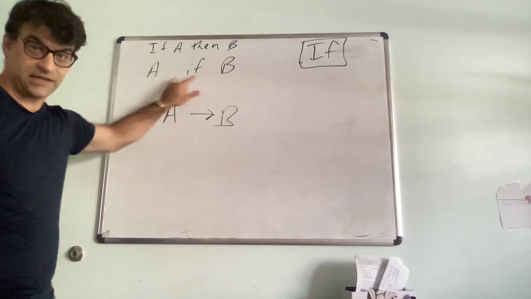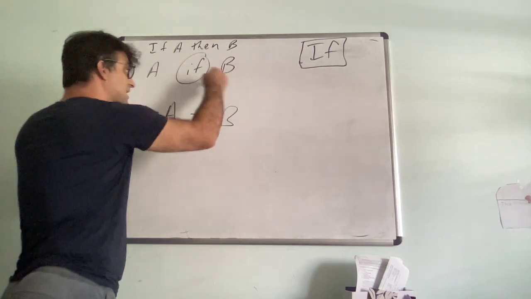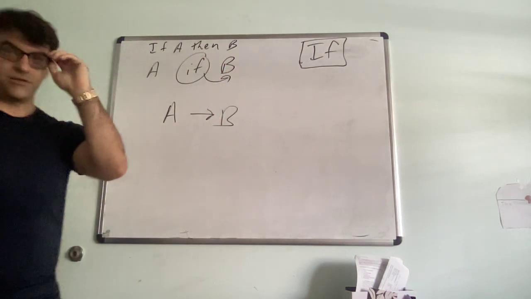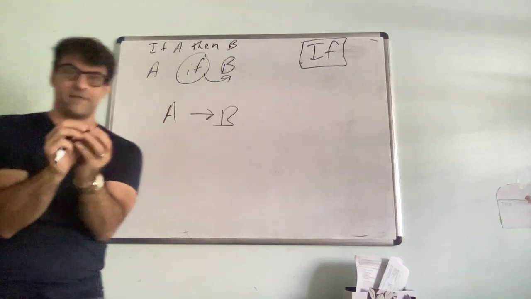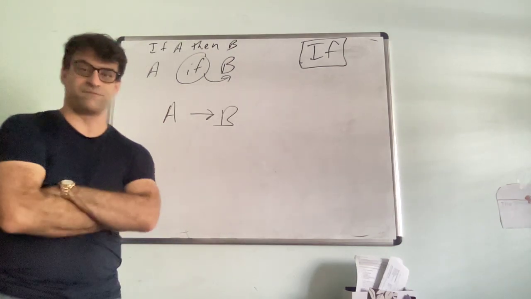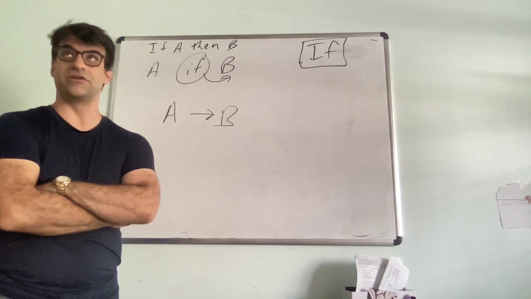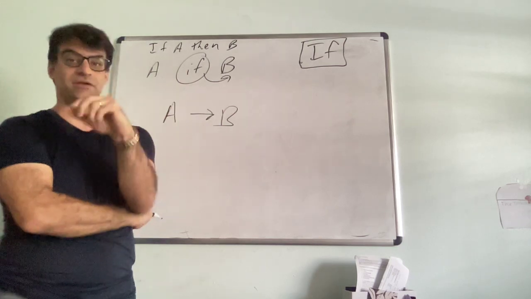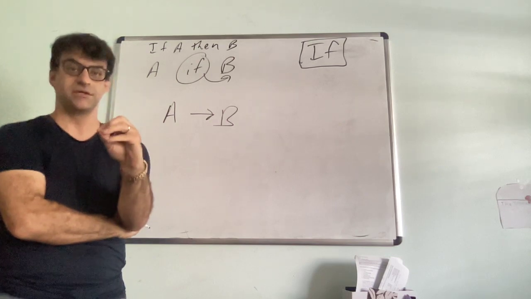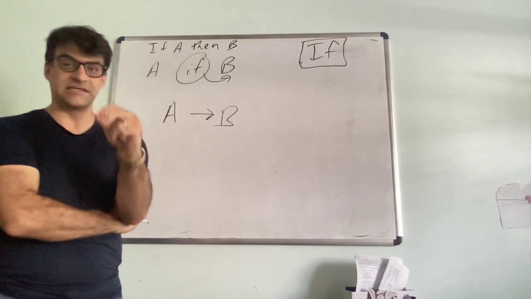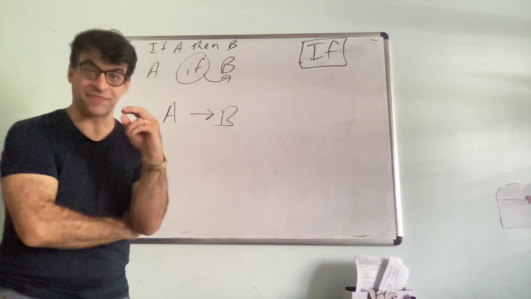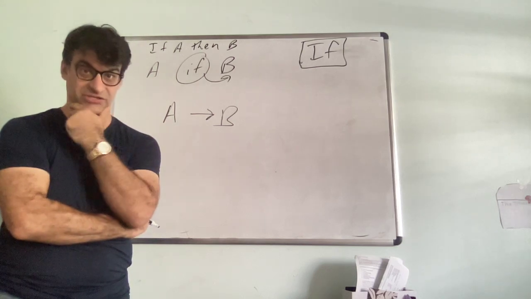A if B, the if still marks the antecedent. Okay? Now, this gets rough because things I'm going to tell you, you're going to want to say, well, then just flip the order. Then you have to read these sentences at the level of thinking carefully about their truth conditions.